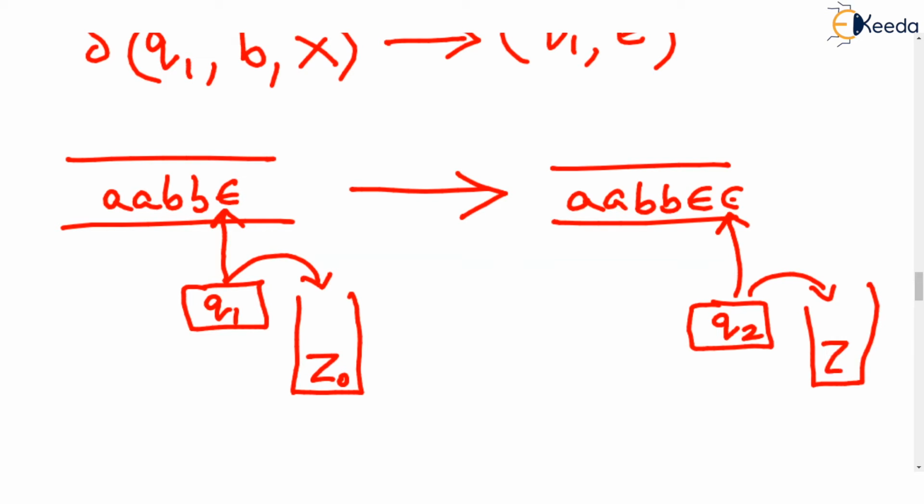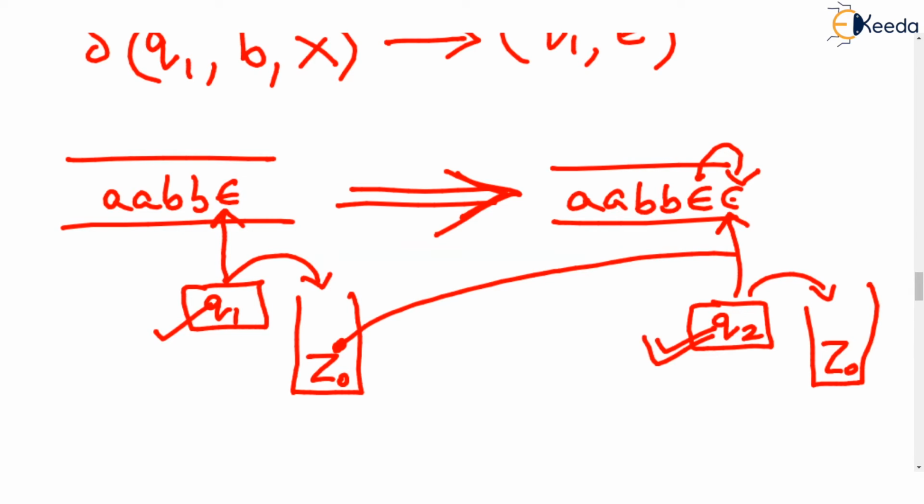Look at the input configuration and resultant configuration. After reading epsilon, the machine has moved to the next epsilon, and it was in Q1, but now it is in Q2 state. Also the top of the stack was Z0 and is still Z0. That means there is no change made to the stack.